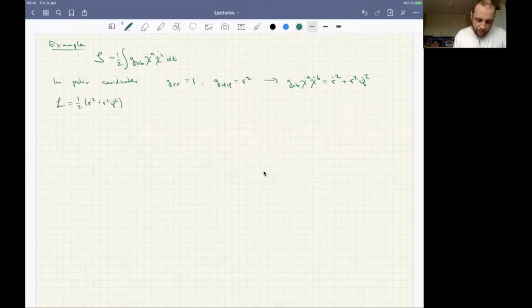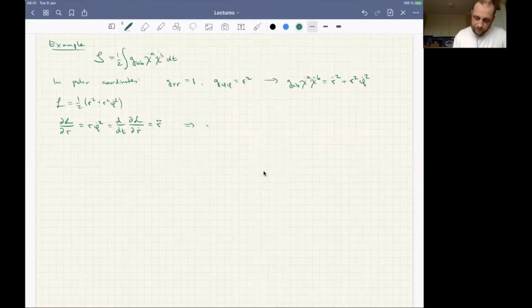If we look at the R coordinate, for example, we want dL/dR, which is R phi dot squared, to be equal to d/dt of dL/dR dot, which is just R double dot.